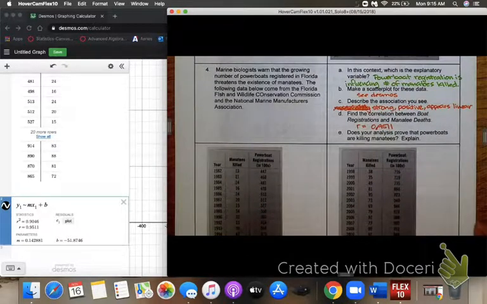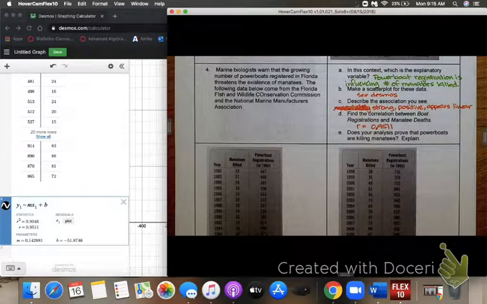Well, we can't necessarily prove that powerboats are killing manatees, but it's very strongly suggesting that as there are more powerboats registered, manatee deaths are going up. So we don't necessarily know for sure if powerboats are killing manatees, right?